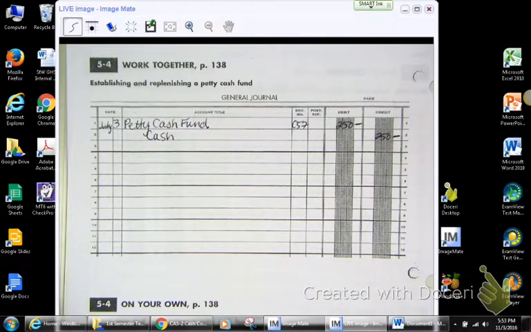One of the purposes of using a petty cash fund is to simplify the process for small dollar amount cash transactions. We do that in part by just updating the accounts that are affected when we replenish the petty cash fund, either at the end of the month or when the petty cash fund threshold is realized.